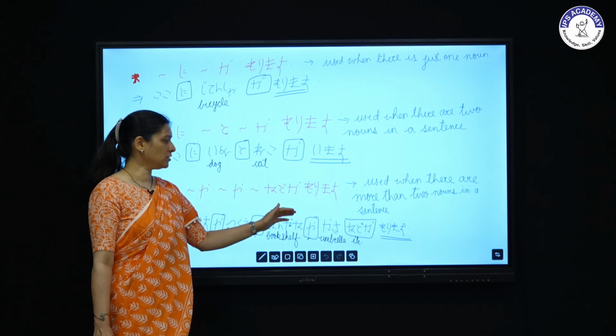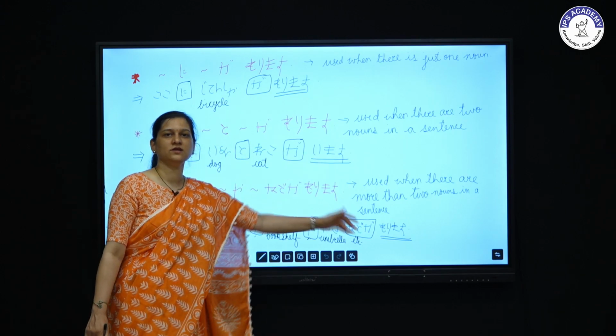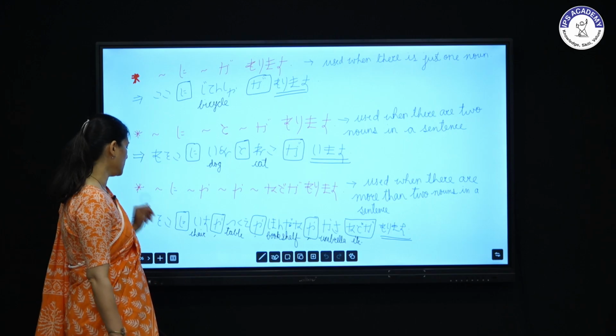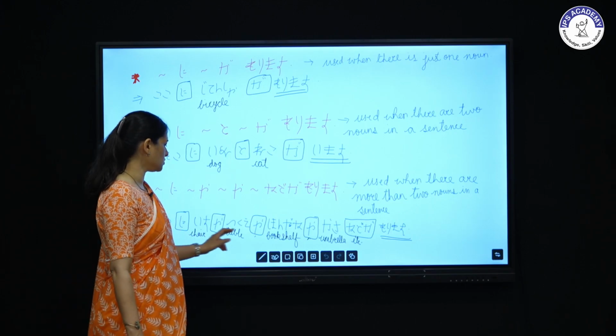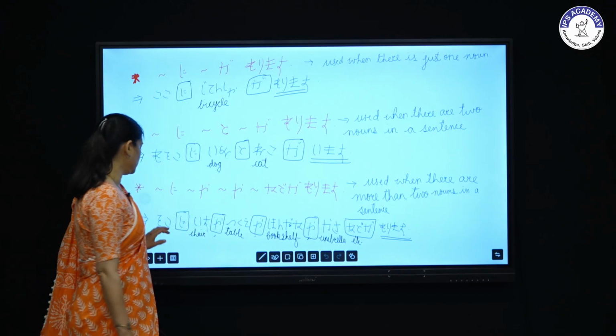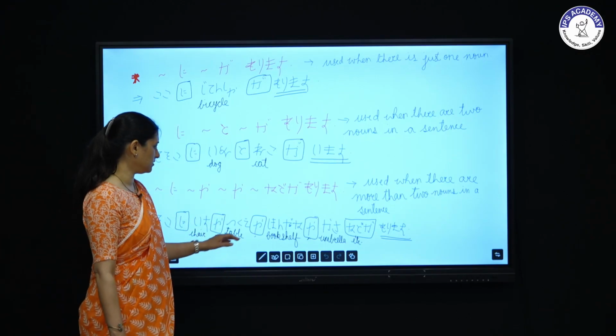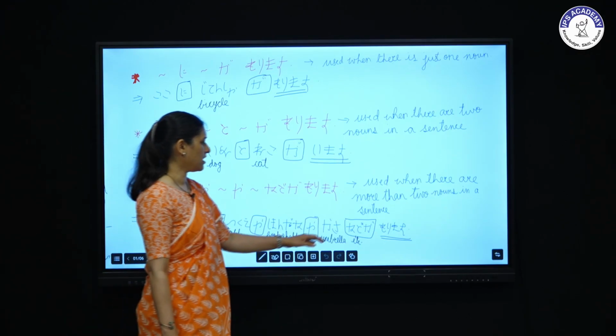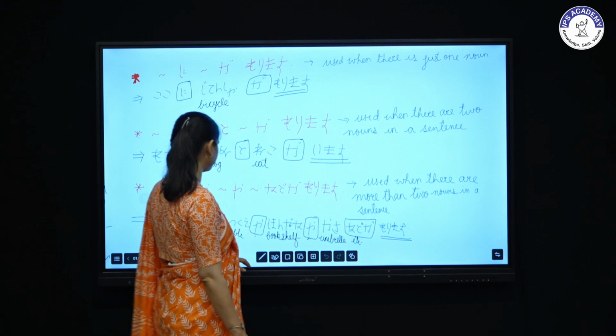If we are including non-living things, we use arimasu at the end. So, soko ni isu ya tsukue ya hondana ya kasa nado ga arimasu. There is a chair, table, bookshelf, umbrella, etc.